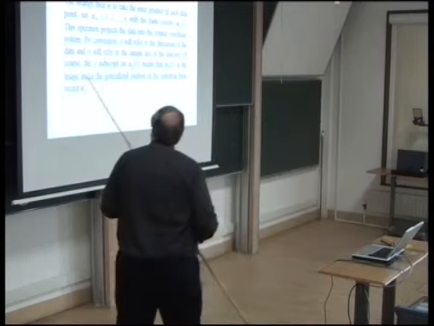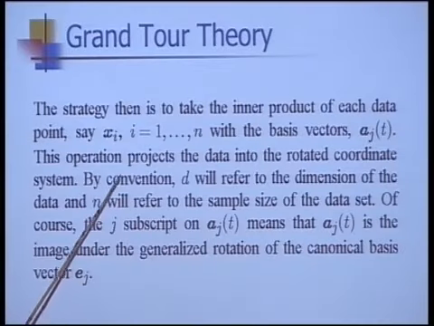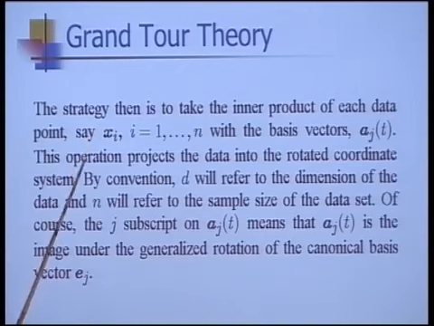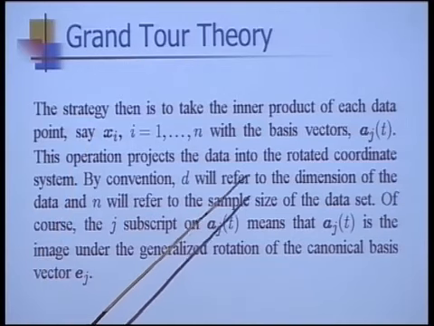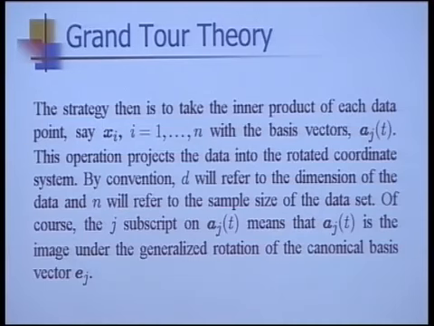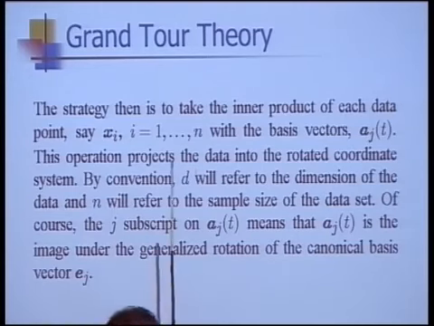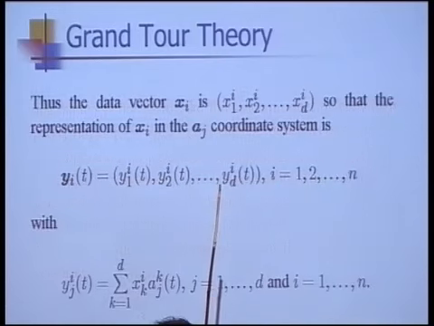So what we want to do is take each of the original observations and take the inner product with the rotated coordinate system, so that will project that old point xi into the rotated coordinate system. We can essentially do this coordinate transformation by rotating the coordinate system and project into this newly rotated system.